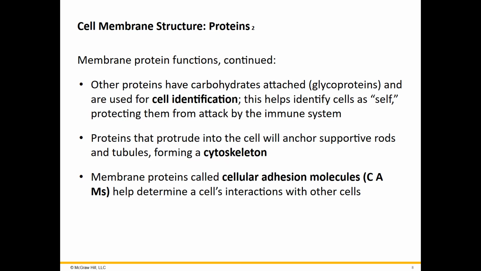That's called your cytoskeleton, okay? So we have steroids embedded in the phospholipid bilayer to help make that skin more tough. We also have these proteins beneath the phospholipid bilayer that form the cytoskeleton. Cyto meaning cell, skeleton, okay? So the membrane is the skin. The proteins underneath that form a hard supportive structure of rods and tubes. That's the cytoskeleton. And then steroids are embedded in the skin just to help give it some additional rigidity.